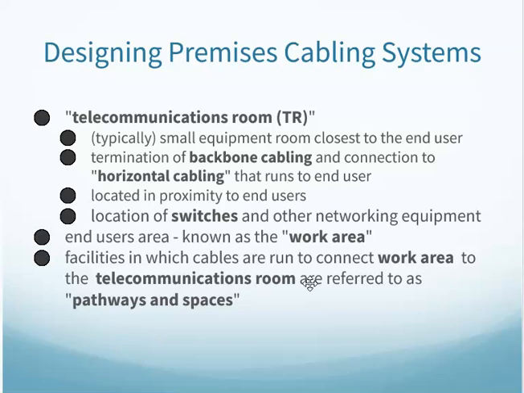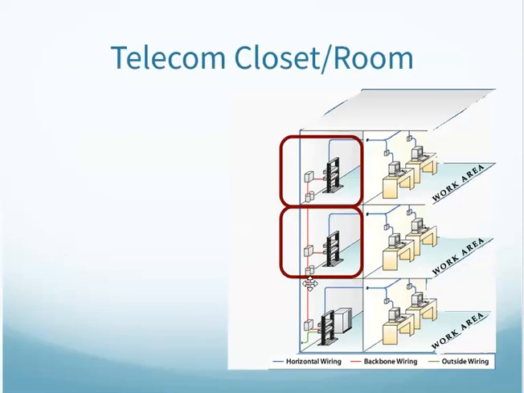The next area they talk about is our TR, telecommunication room, that acts as the interconnection between the backbone cabling, the horizontal cabling, and our building. This also has typically just switches and patch panels, maybe some other equipment, but usually that type of equipment.